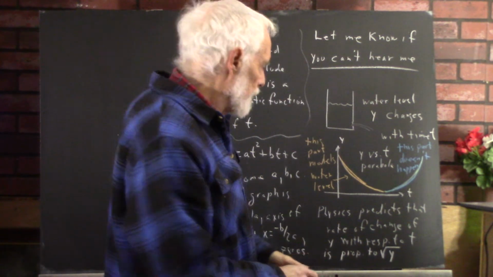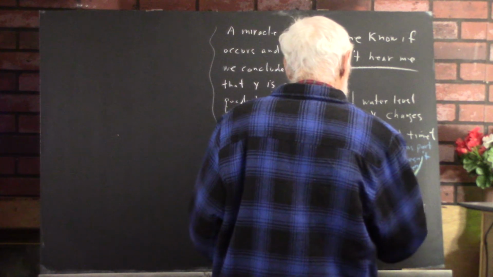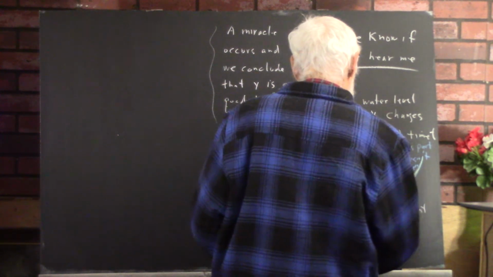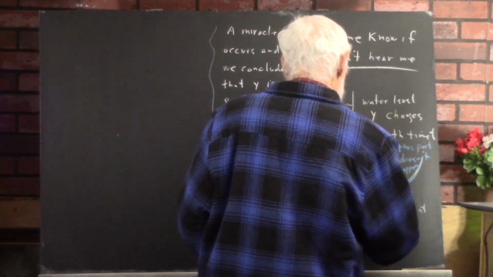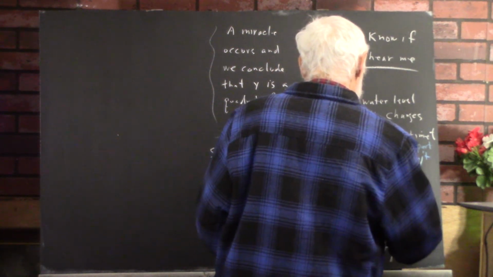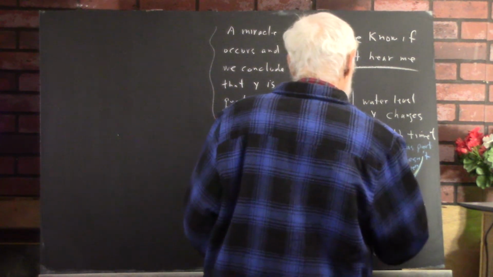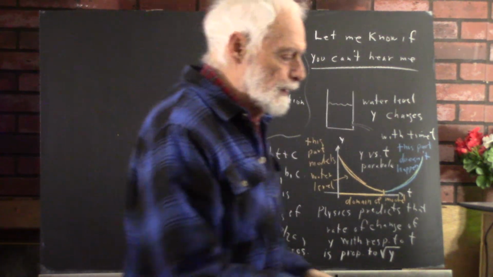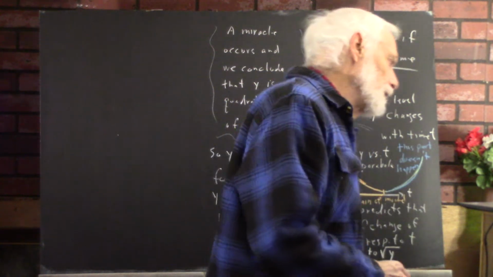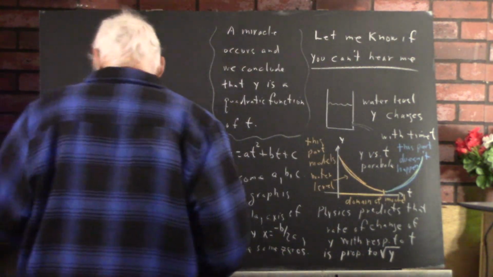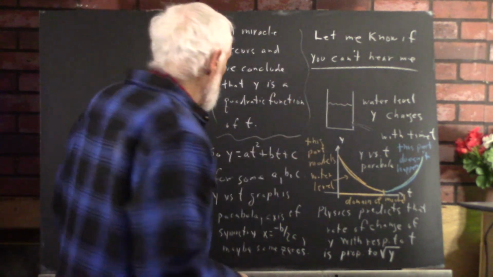So the domain of this function, the domain of the model, is just this part of the t-axis. Now what's that have to do with simultaneous equations, because that's where we're heading. You've done simultaneous equations, 2 equations and 2 unknowns.